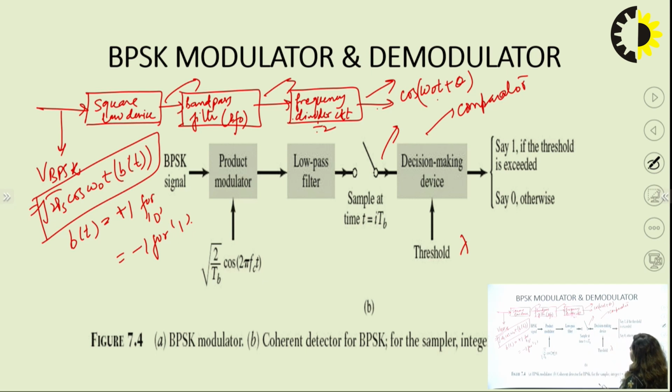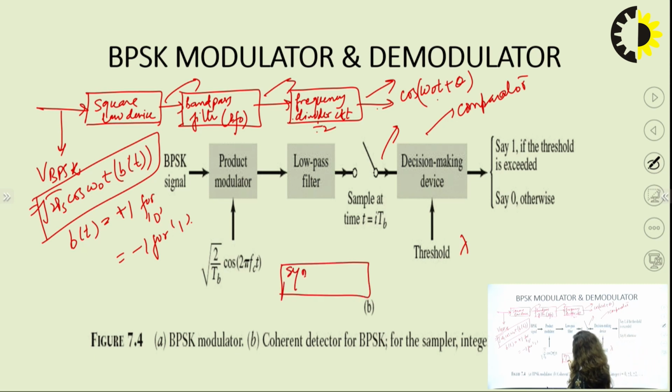This particular carrier has to be used at the synchronous demodulator. So this carrier, cos omega naught t plus theta, is used at the synchronous demodulator, and the other input is your BPSK signal.